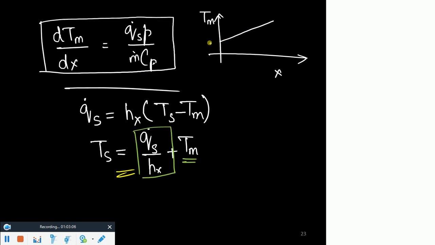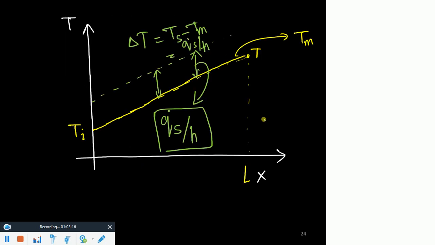So if I write down this expression dTs over dx, what would you tell me? Just look at this plot and tell me. If I ask you what is the slope of this Ts, this is the line for Ts. Same slope. Yes, this is having the same slope.